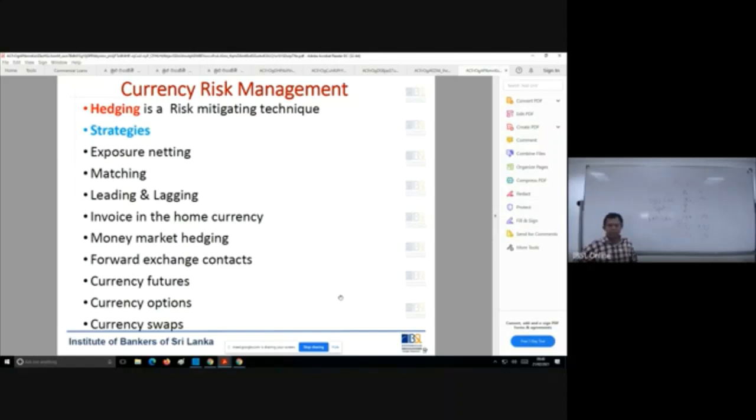But that is a forward exchange contract. You have to anyway honor it. You can't say no, I can purchase dollars from the market at a lower rate. No, you can't do that. You have to honor it.